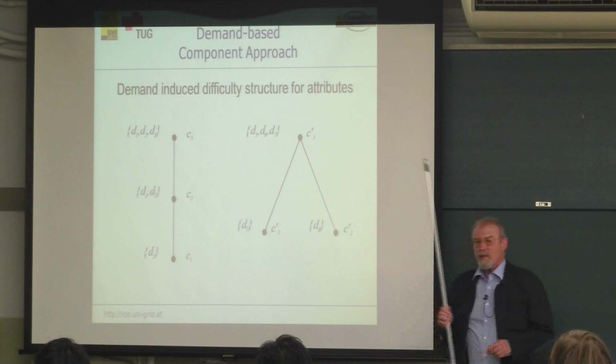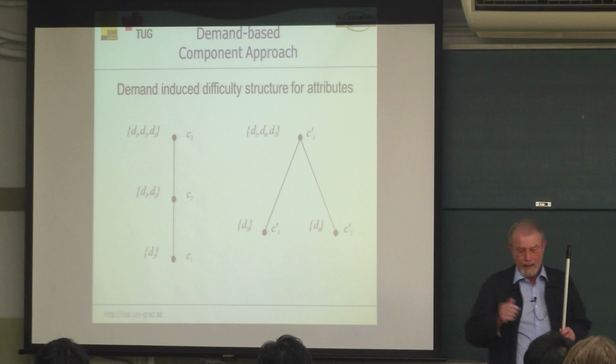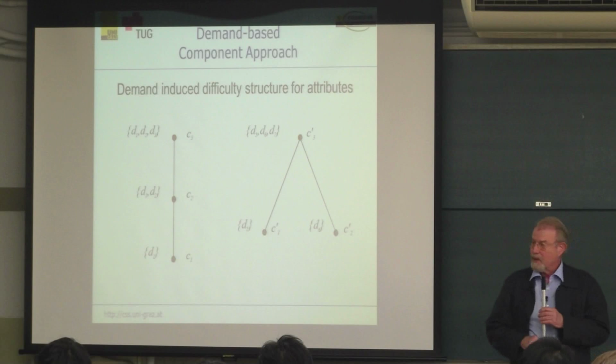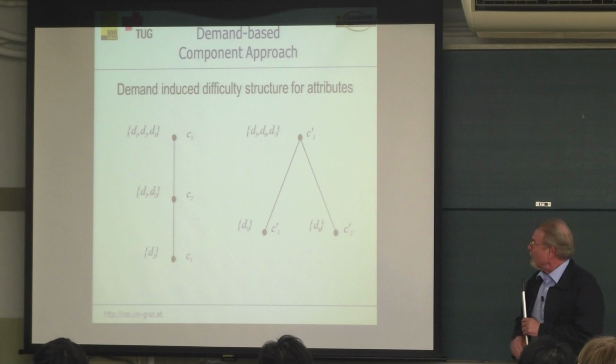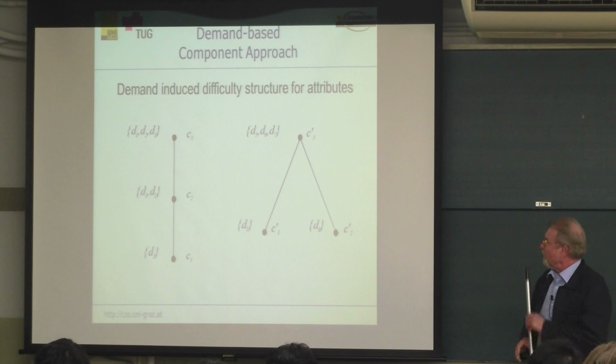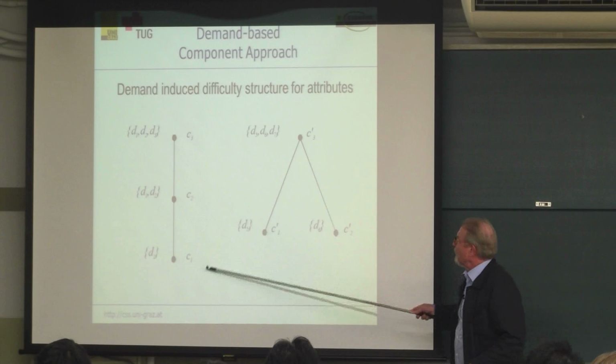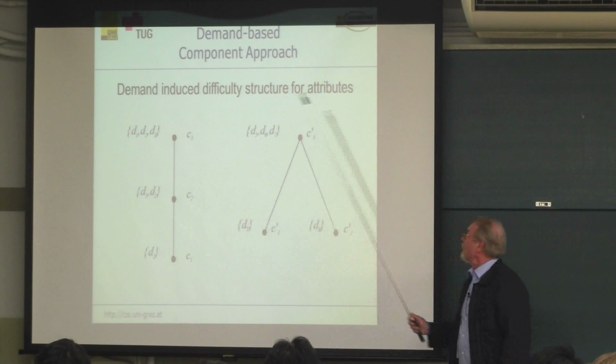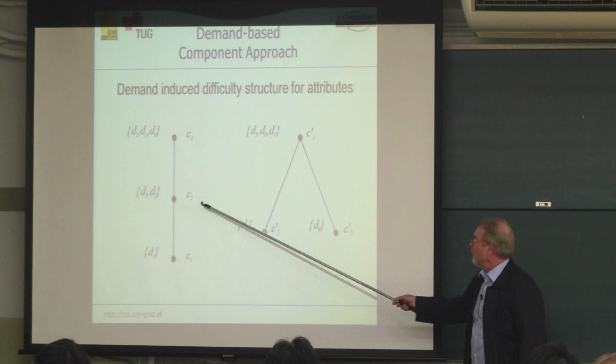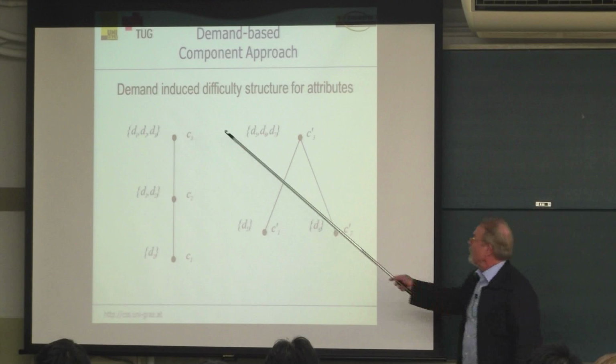So if you assign the demands to the attributes where each collection of attributes constitutes a component, in this example we have two components.